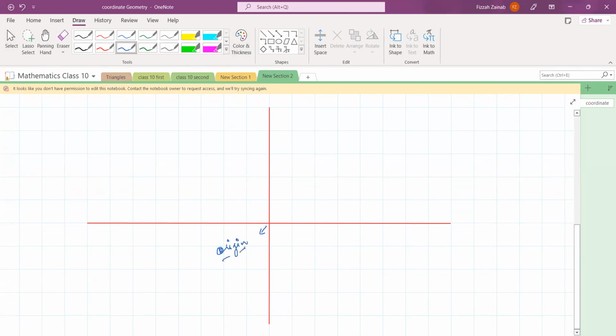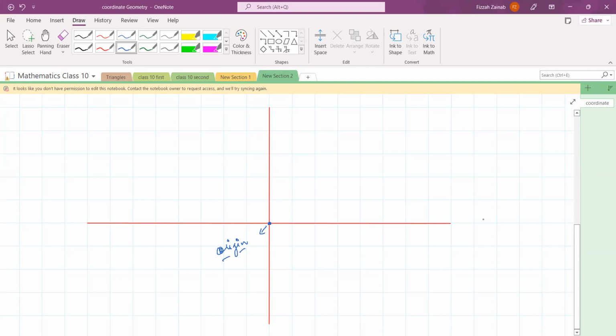Now all the numbers or all the points will be taken with respect to these two lines only. So this is a system of plotting points, and this system has a special name which I'll tell you later on. The point where they're intersecting is taken as the origin. Okay, so I'll tell you how to write coordinates, then we will write the coordinates of the origin also.